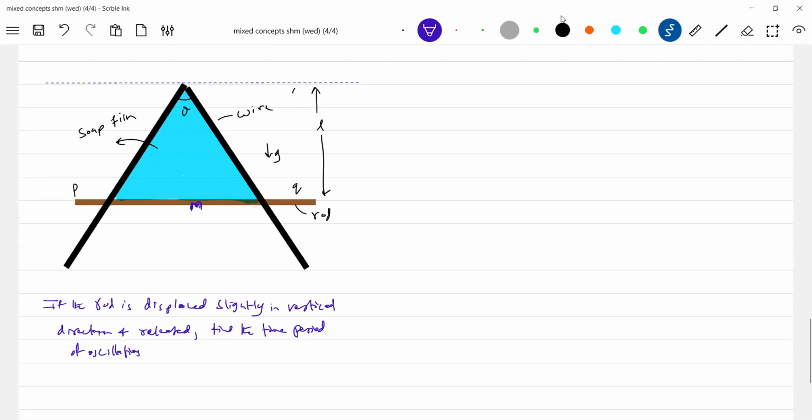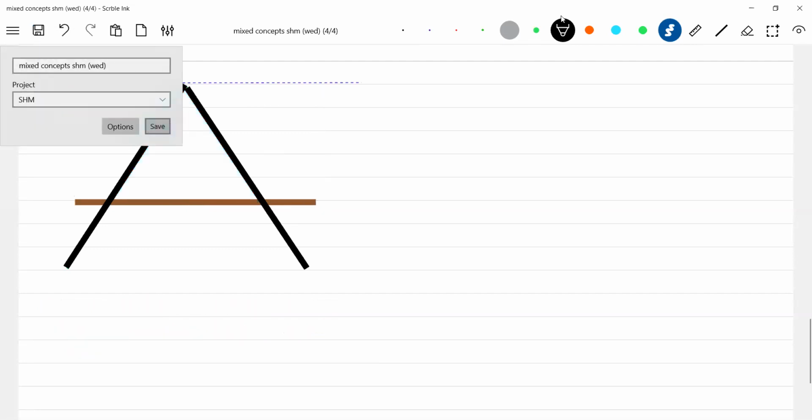Okay, now what to let this one. Soap film is there. Surface tension of soap film be ST. Okay, try to think. I think it's also a diagram-based question.